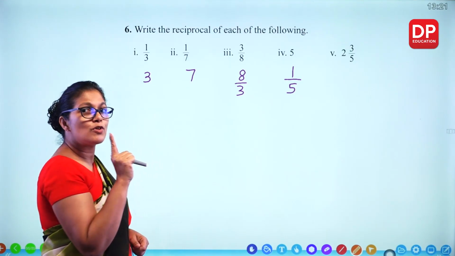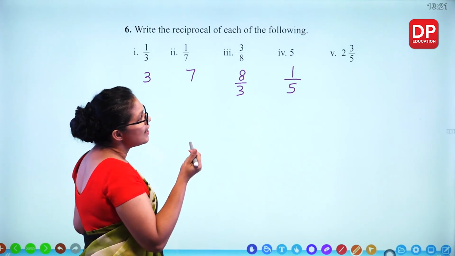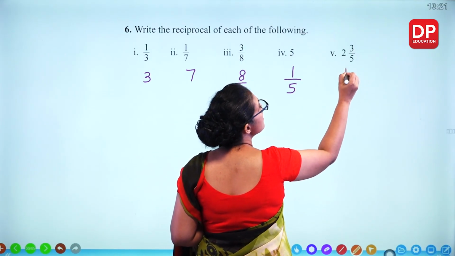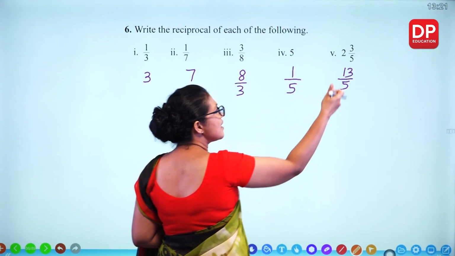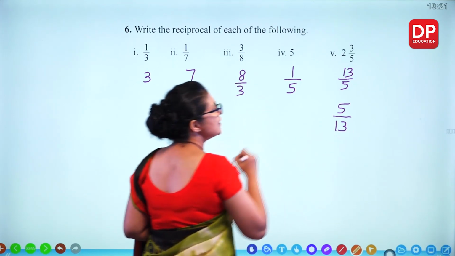This one, you have to first convert to improper fraction and then consider the reciprocal. 5 times 2, 10. So 13 over 5 is a fraction. Convert to reciprocal, that's 5 over 13.